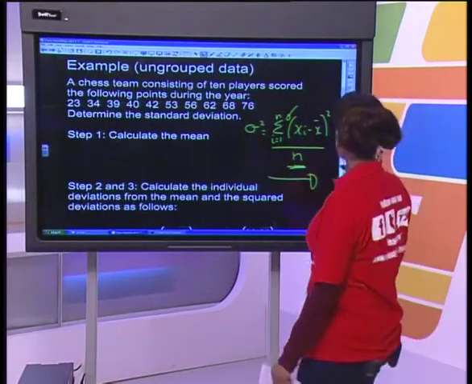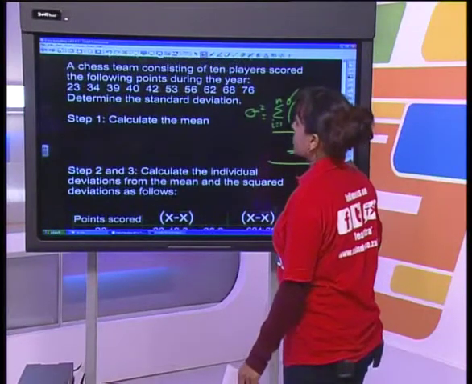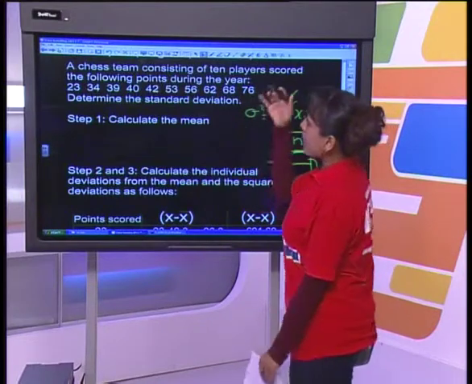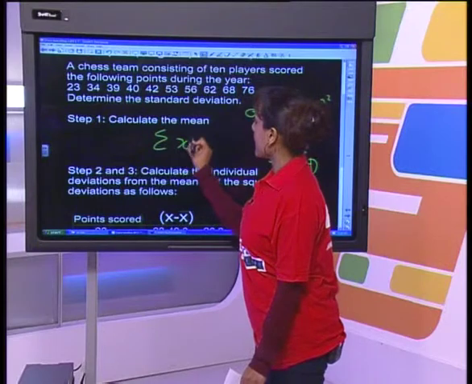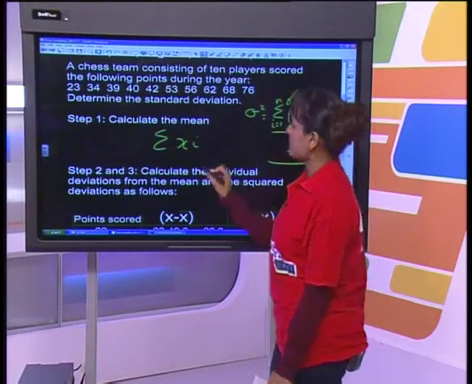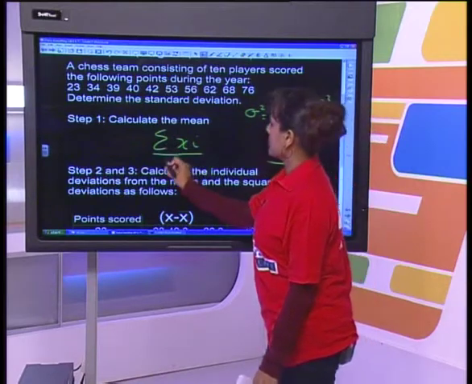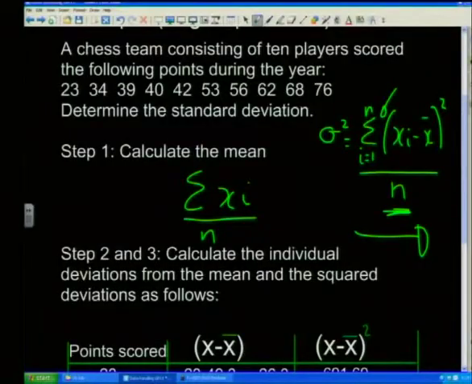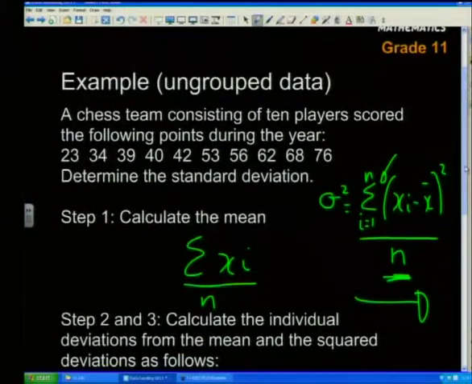First thing to do is to work out the mean. Remember, the mean is just the sum of all your values. We're going to add up all of the xi's and then divide by the total number. Let's have a look at our question so we can work out what those xi's are and what the n is.